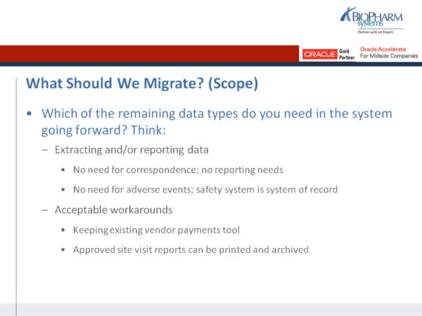So, extracting and reporting the data, if there's no need for correspondence, no reporting needs, or again, that example for no need for adverse events in the new system, since the safety system is going to be the system of record. So we need to look at the business need for any of these data types in the new system and how that fits within the process that you've defined.